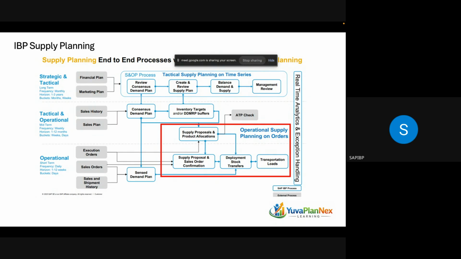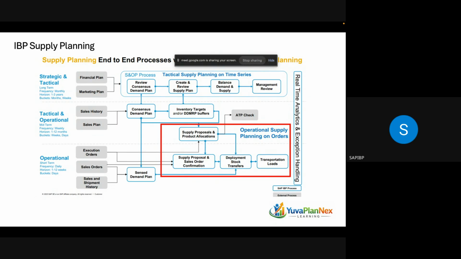If you are going with time series, generally when you want to do strategic level planning or mid to long term planning, then we'll go for time series supply planning. Or if you want to do operational level, short term, or daily level planning, we'll go for order based planning.